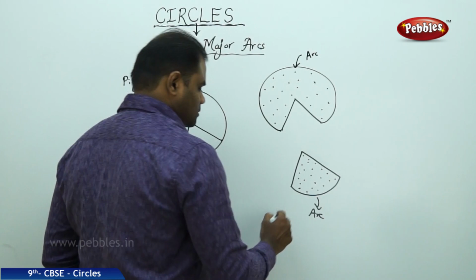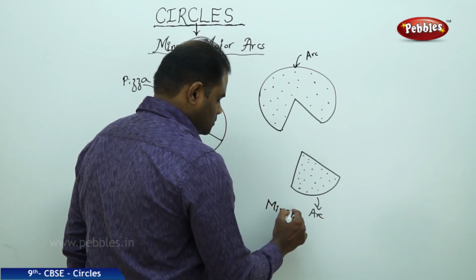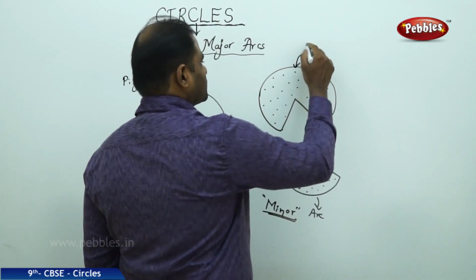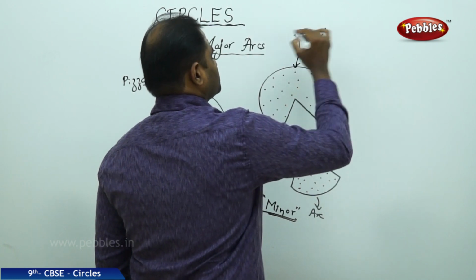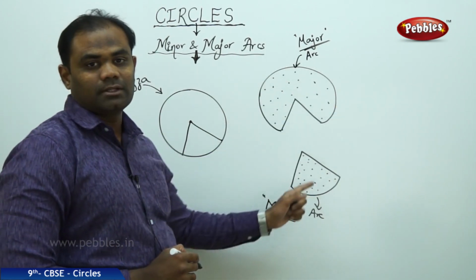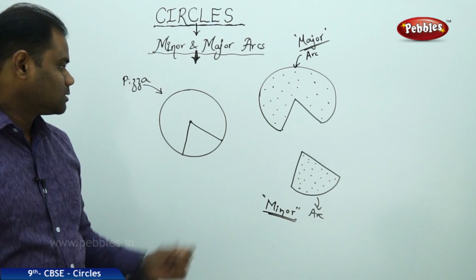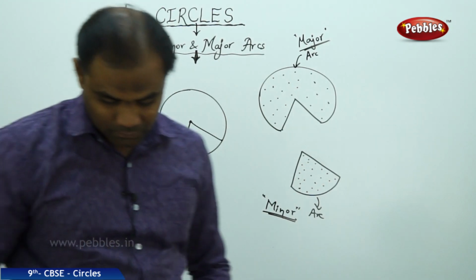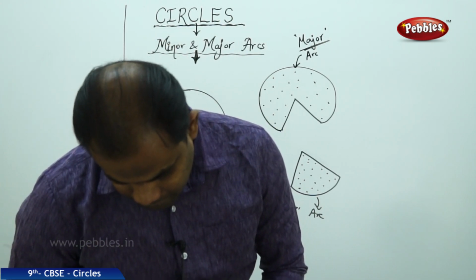So here comes, this which is called minor arc, and this which is called major arc, because this is bigger in size and this is smaller in size. So let's try to make the conclusion which says the arcs which make out the bigger and smaller.